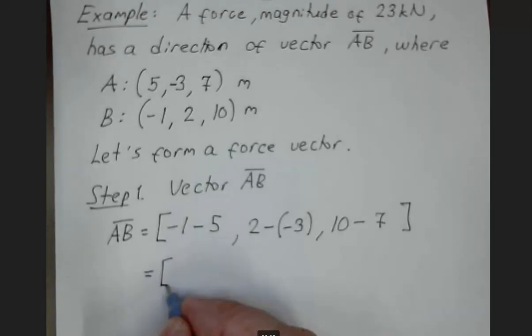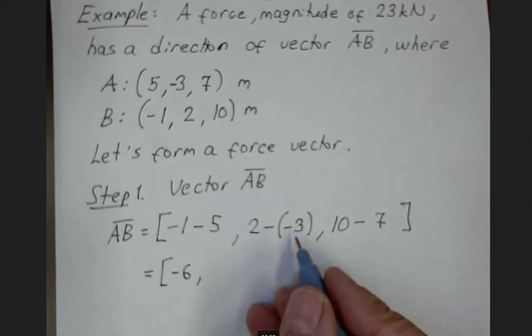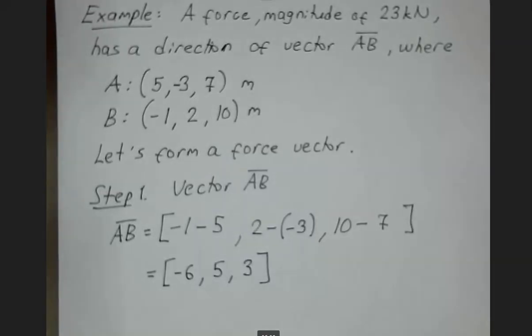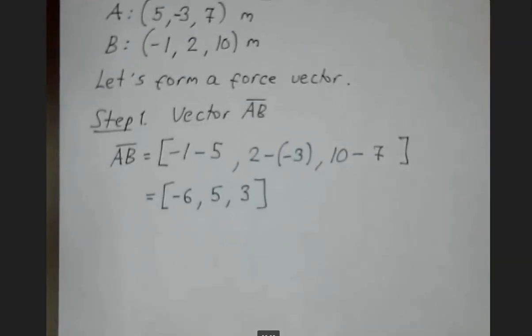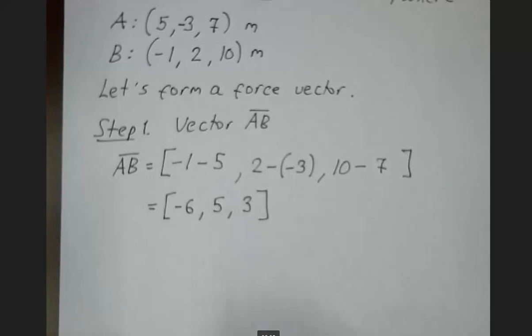So we get minus 6, and here we get 2 plus 3, it will be 5, and then 3. In those assignments which I have checked at this point, I think most errors in these vector calculations have been these sign errors. It is a very easy thing, but mistakes are always possible.